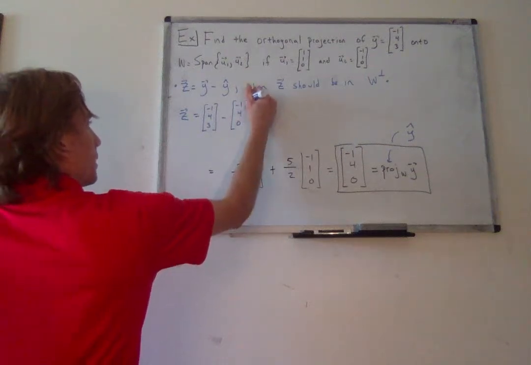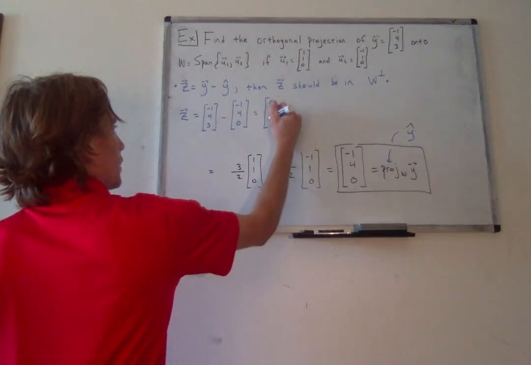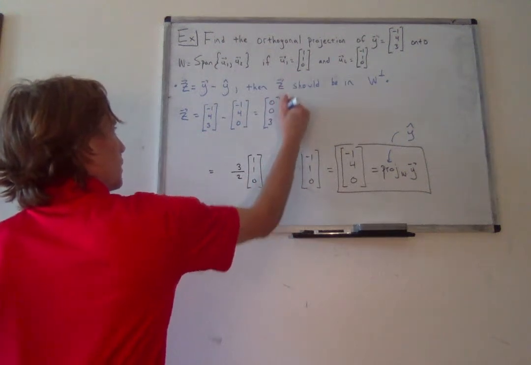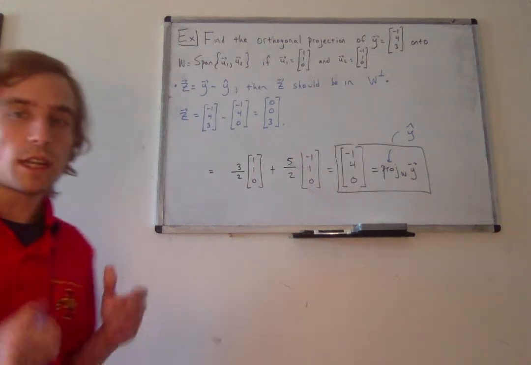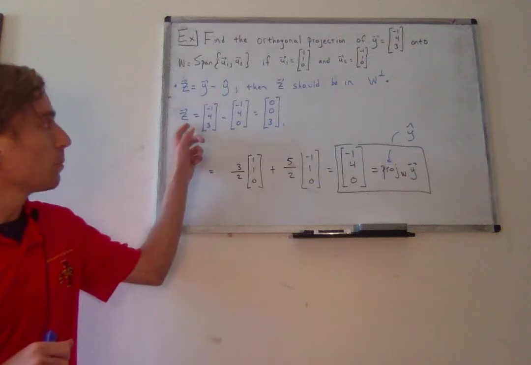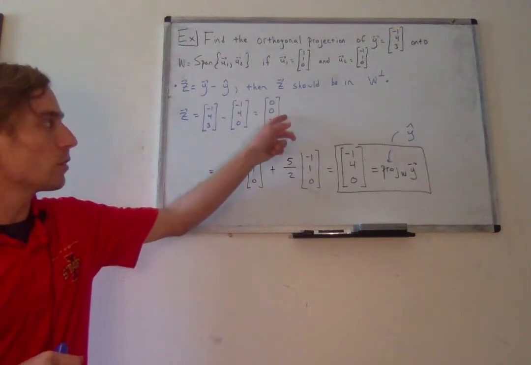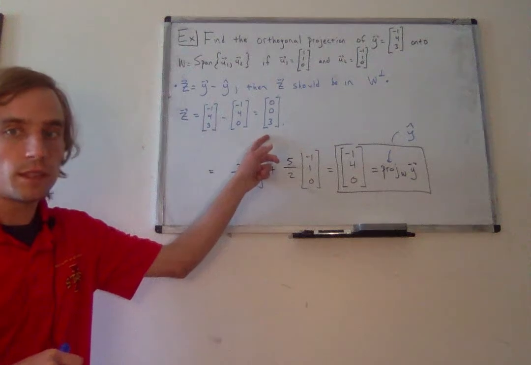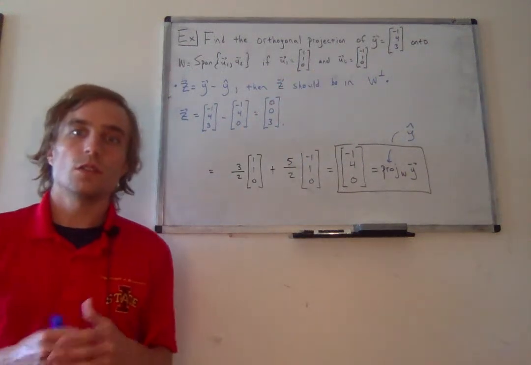Verify that the vector z you get, which in this case is the vector 0, 0, 3, is in fact orthogonal to both u1 and u2. Thankfully, in this example, it's not terribly hard to see, because this vector z has zeros in its first two coordinates and a 3 in its third coordinate, and u1 and u2 both have zeros in their third coordinates.